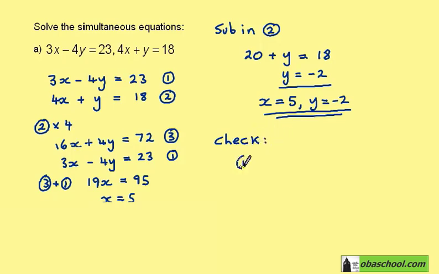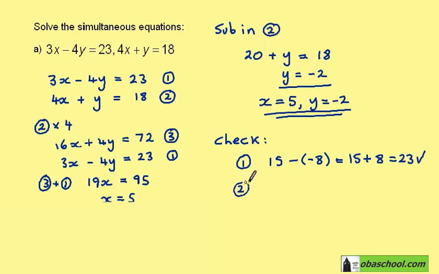Looking at equation 1, if x is 5 and y is minus 2, 3 times 5 is 15. Take away 4 times minus 2, which is minus 8. This is 15 plus 8, which is equal to 23, and this is correct.